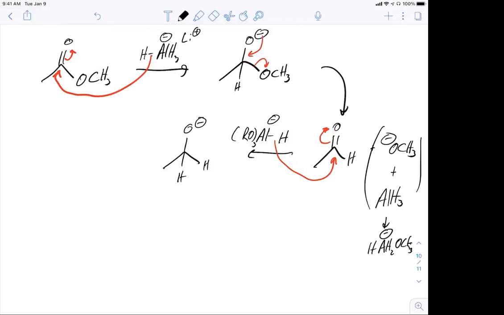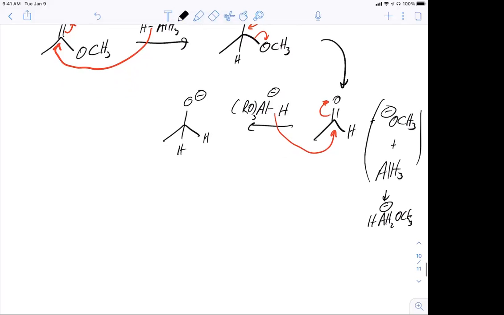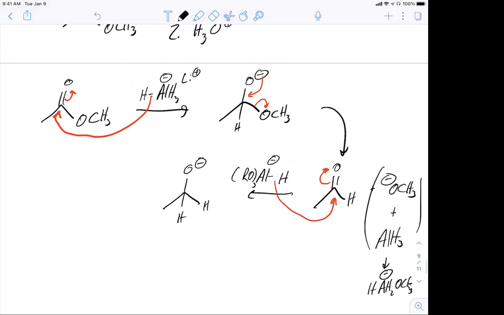Sometimes you'll see them say 2 equivalents of lithium aluminum hydride, and that's fine. But the truth is, you've got it there. You have all the equivalents you need. So that's the end of the first step. All of this was step 1.